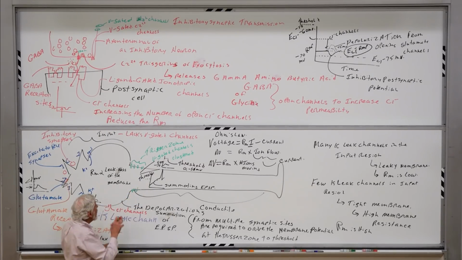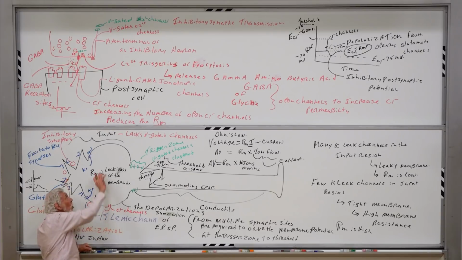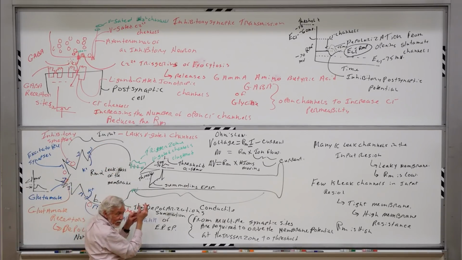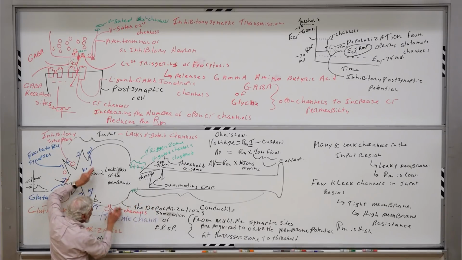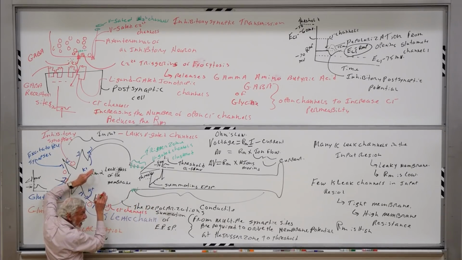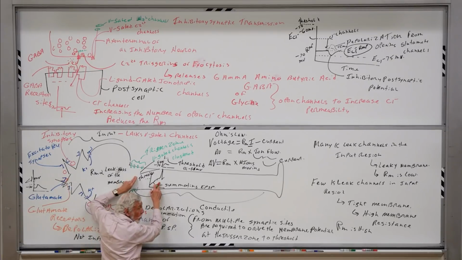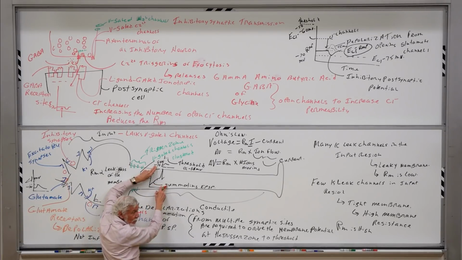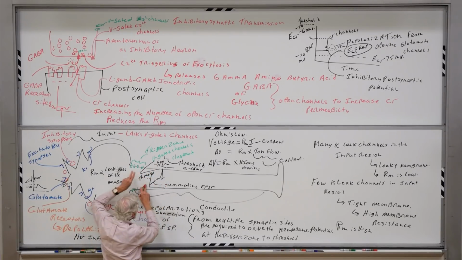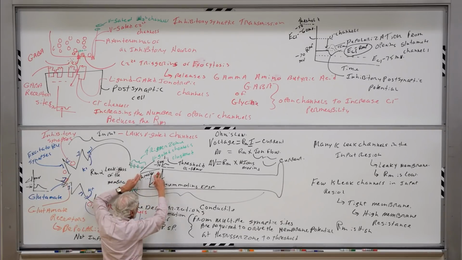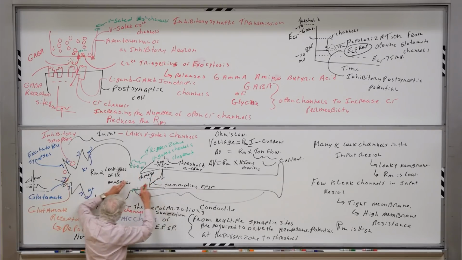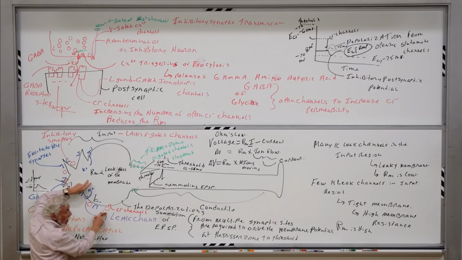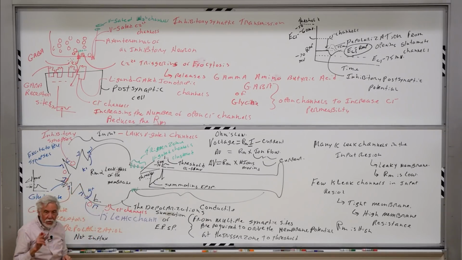So by changing the membrane resistance using the number of open chloride channels, we can regulate the number of excitatory synapses that must be activated to bring the membrane to threshold and fire an action potential. So we can regulate the number of synapses necessary to bring this membrane to threshold by regulating the number of inhibitory synapses that are opening chloride channels. That's the importance of chloride.